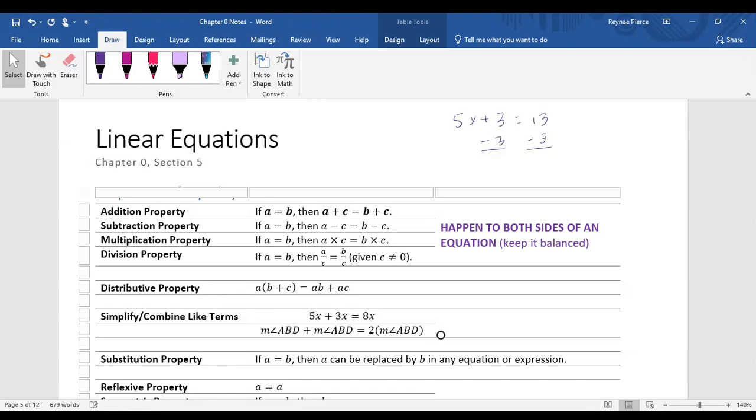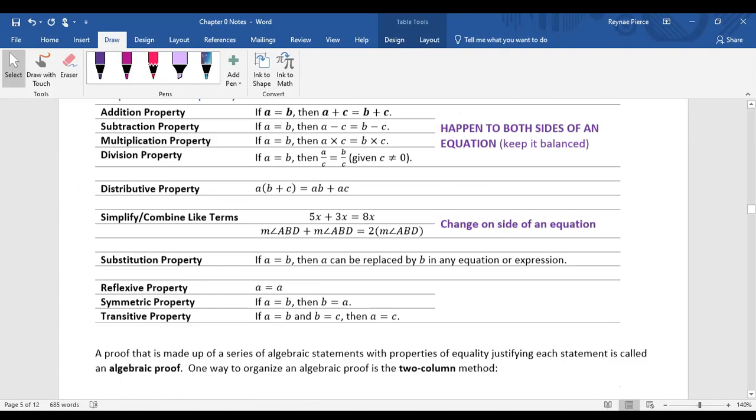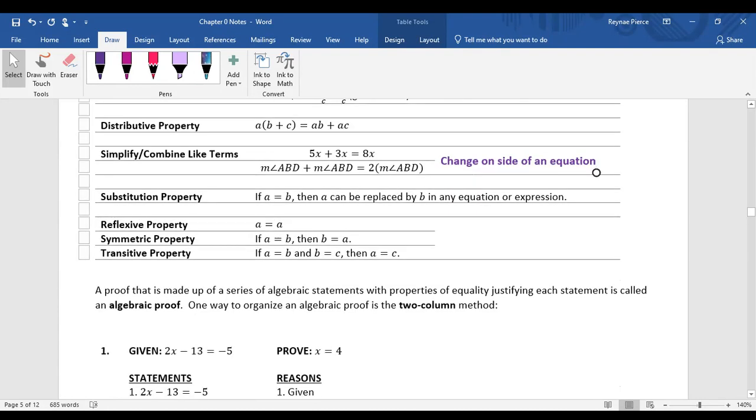Those things only change half of the equation, one side. We'll see some examples of that as we go through the notes. But it's really important to understand when to use the addition, subtraction, multiplication, and division operation properties compared to some of these other properties that change things inside of the equation.